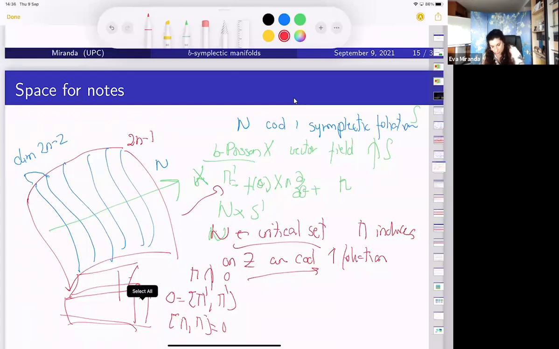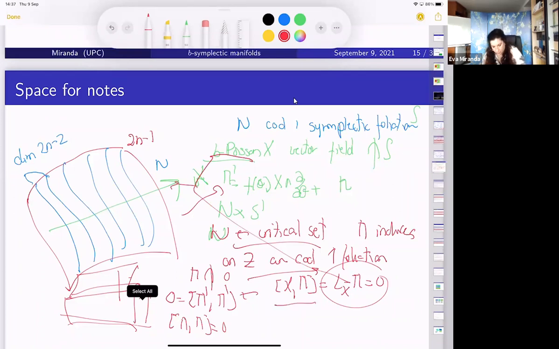Then this bracket involves computing the bracket of X with pi. But this is the same as the Lie derivative of X with respect to pi. This is equivalent to saying that this is a Poisson vector field. So we are going to need to use this condition.